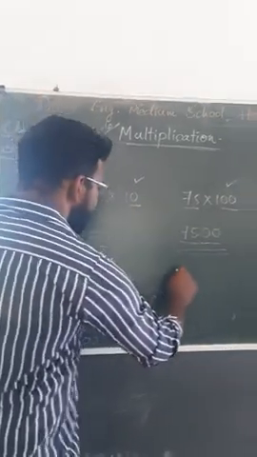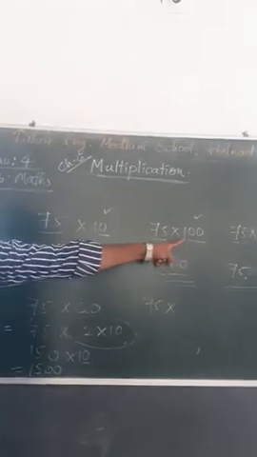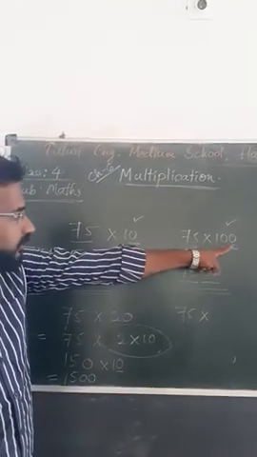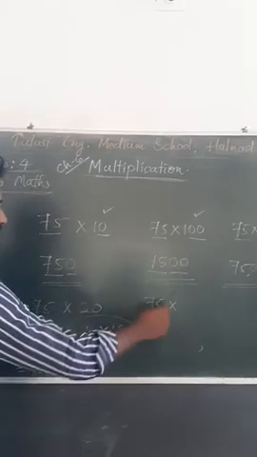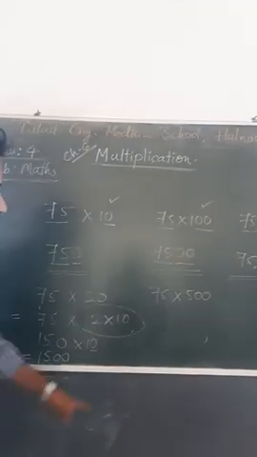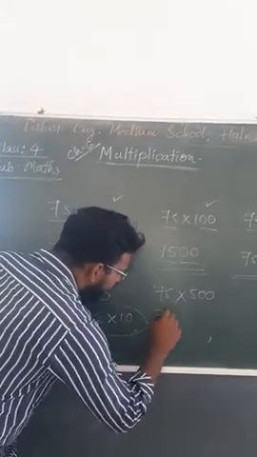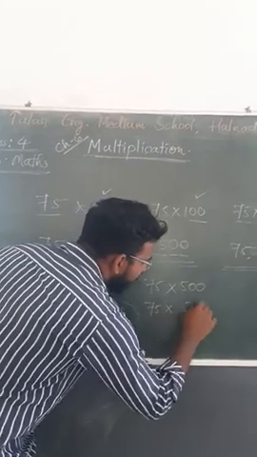Same number, 75, now by a multiple of 100, for example 500. We know 500 is 5 into 100. So 75 into 5 into 100.